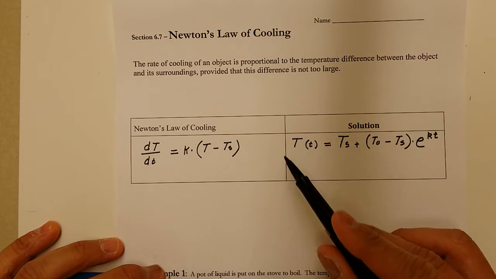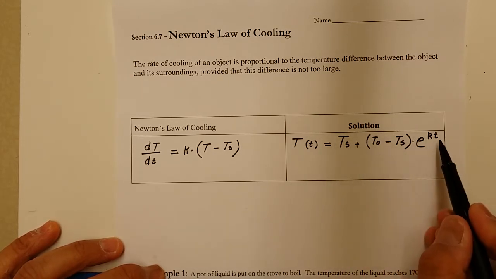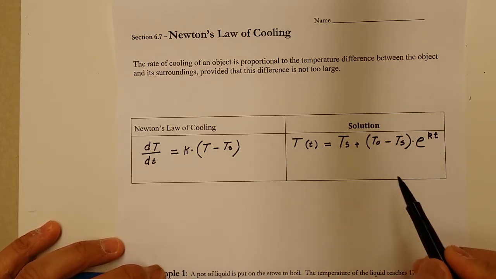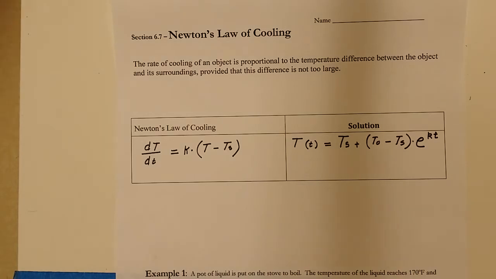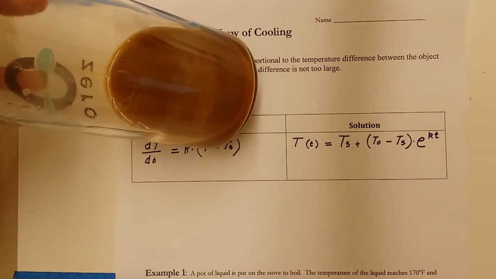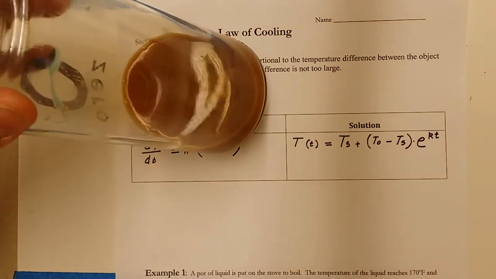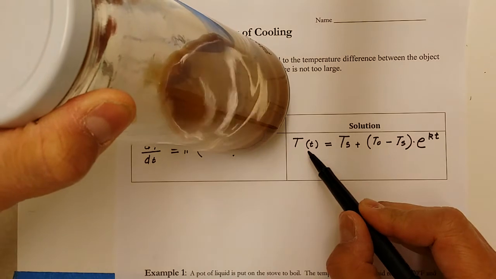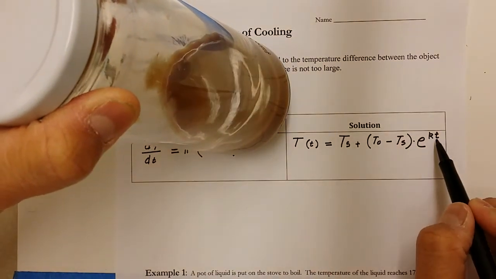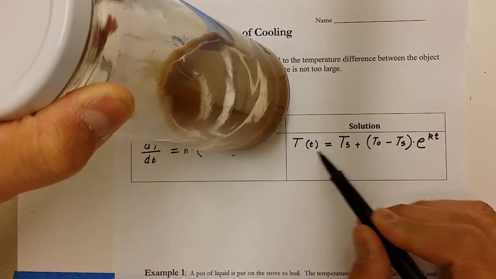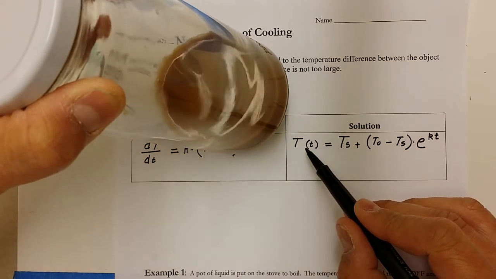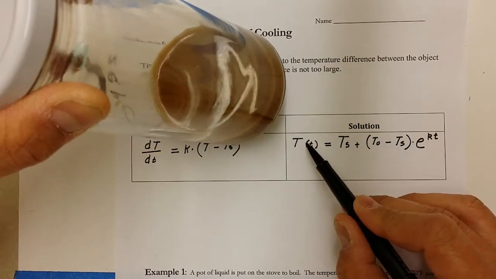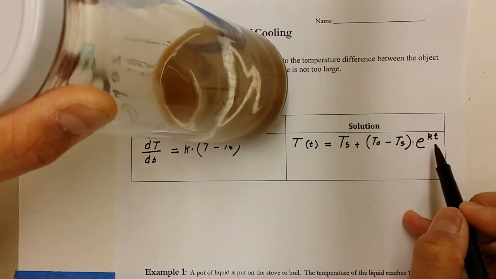This equation gives me that answer. Or let's say it's currently 130 degrees Fahrenheit, and perhaps I want the temperature to go down to maybe 90 degrees. How long should I wait until the temperature goes down to 90 degrees? That can be found by solving for t in this equation.